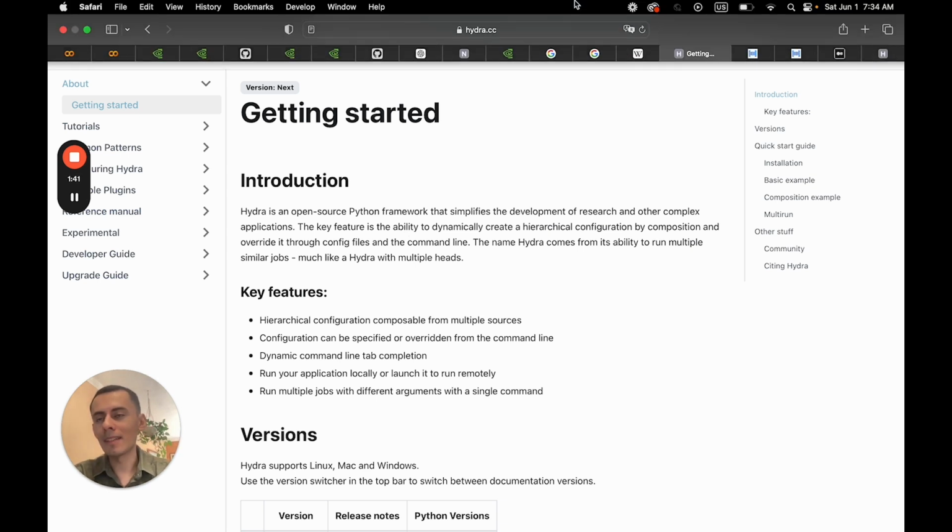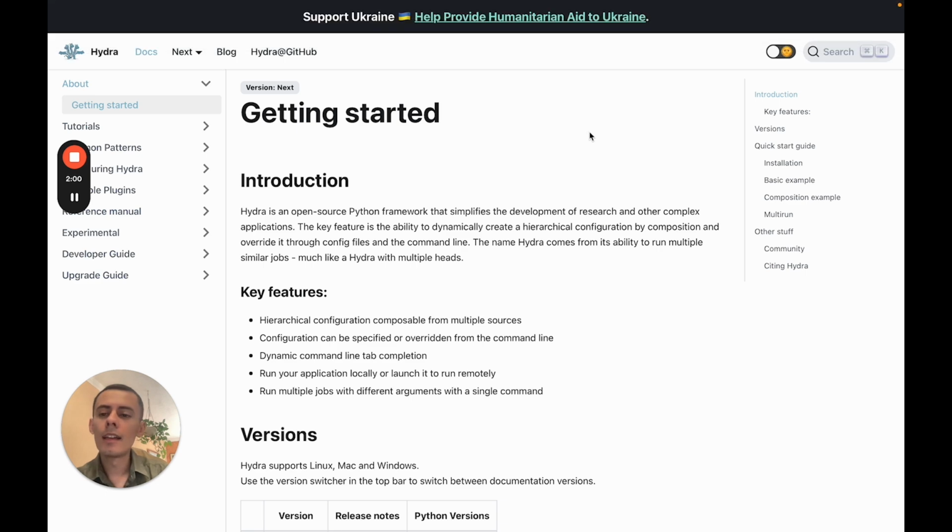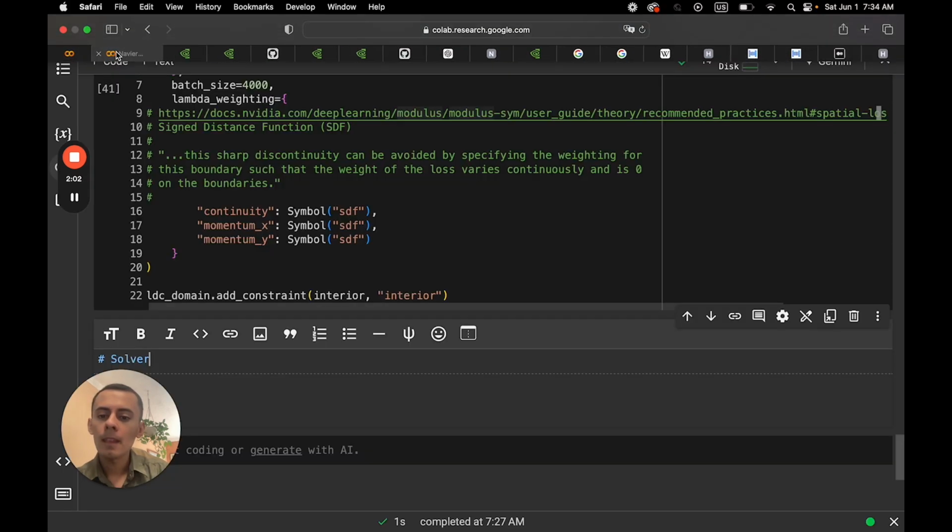It's a very comfortable way to set configurations. In machine learning, a lot of times you need to run things with a lot of trial and error. You don't know what kind of configuration is going to lead to the best results, so you need to play with it a little bit. So that's why they use Hydra.